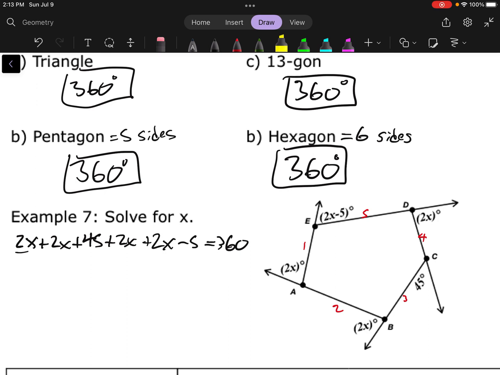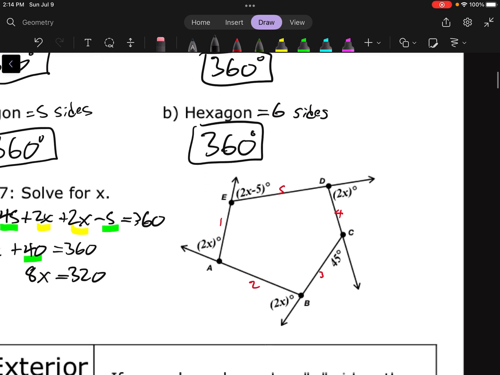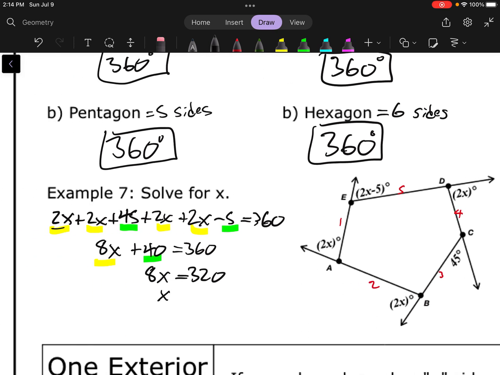So that is 2x, 2x, 2x, 2x. That is 8 x's, plus 45 minus 5 is 40, is equal to 360. So combine my like terms. If I subtract the 40 here, I'm going to get 8x is equal to 320. And that should give me, if I do 320 divided by 8, I get 40.